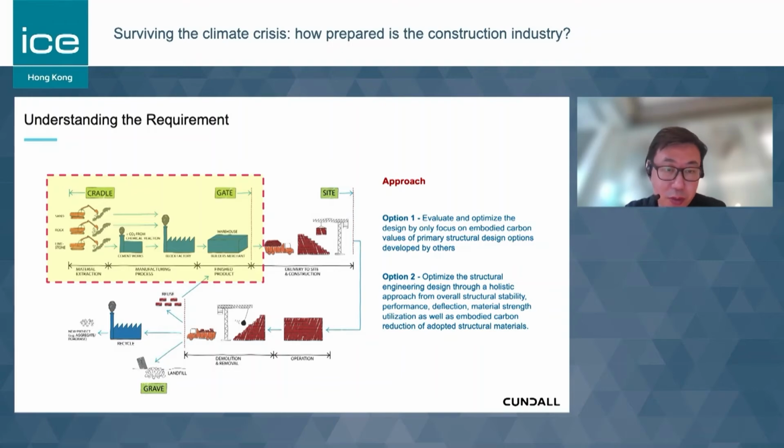Option two is a more holistic version. Because we are also structural engineers and designers, as I mentioned earlier, it is natural to integrate the carbon indicator into the design iteration. So we have a more holistic approach. We look at structural stability, performance, deflection, material strength utilization, as well as carbon reduction, for each option during the design iteration phase.